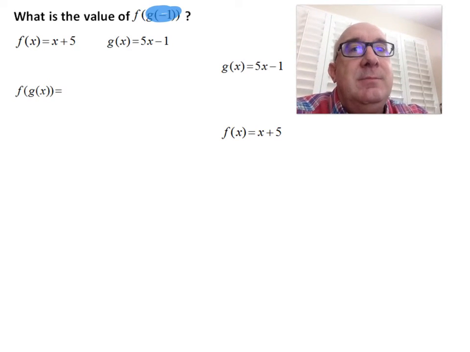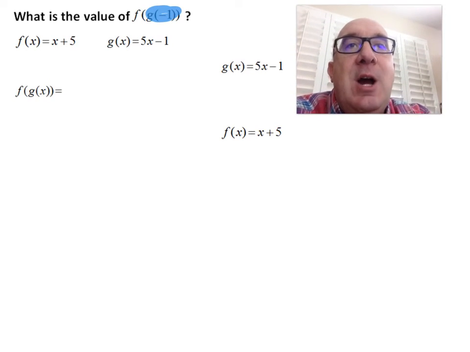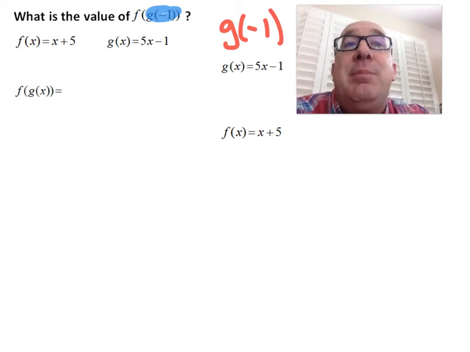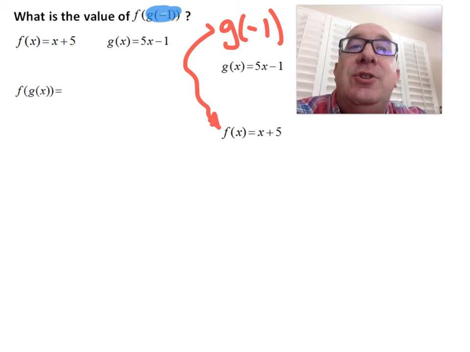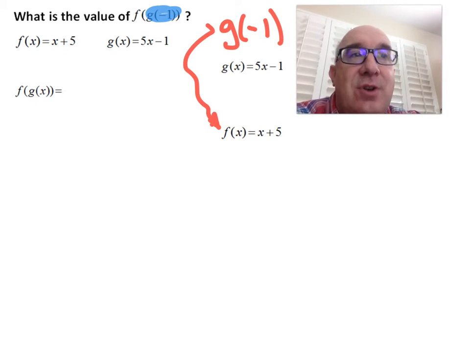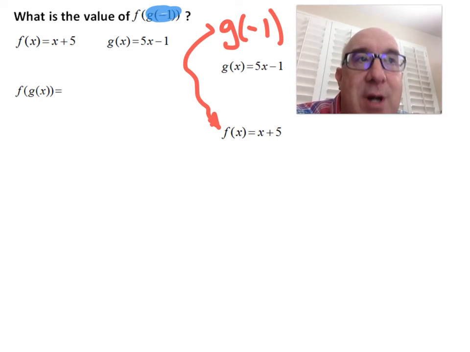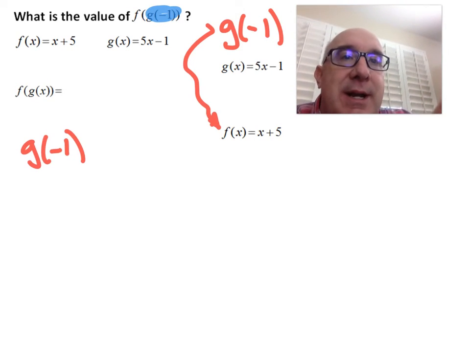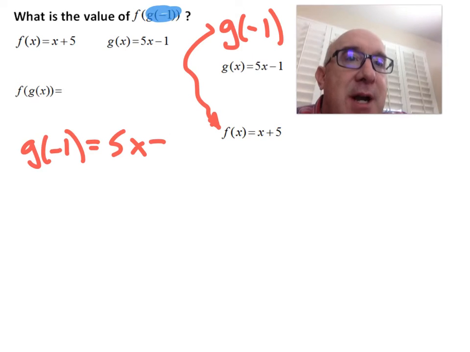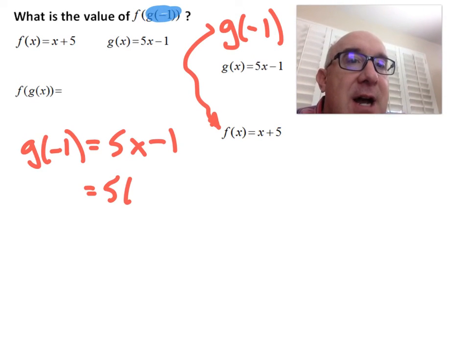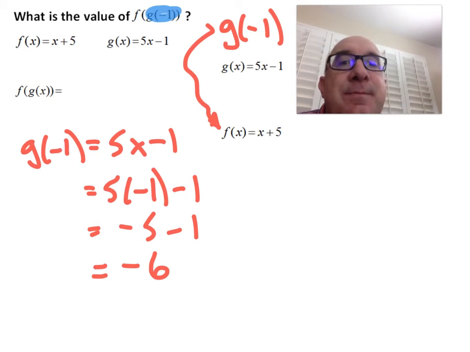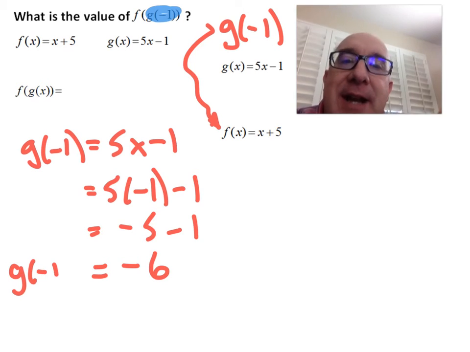Another way to do it is to find out what g of negative 1 is, and then plug that into f of x. So actually solve for g of negative 1 and plug it in. Let's find out what g of negative 1 is. That's 5x minus 1, so 5 times negative 1 minus 1. Negative 5, minus 1 is negative 6. That's what g of negative 1 is.